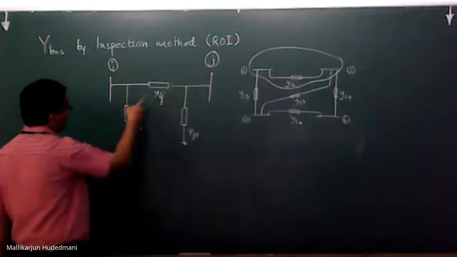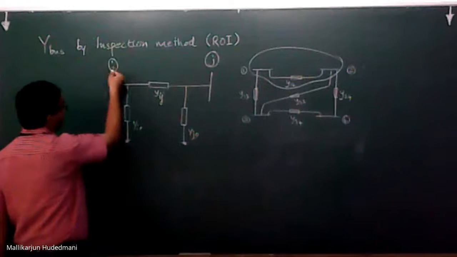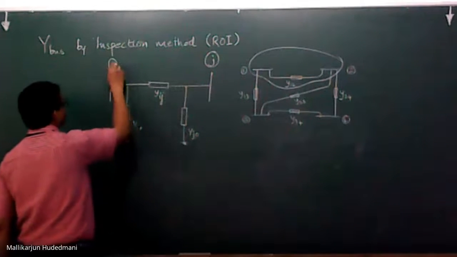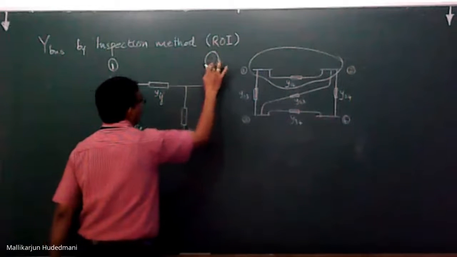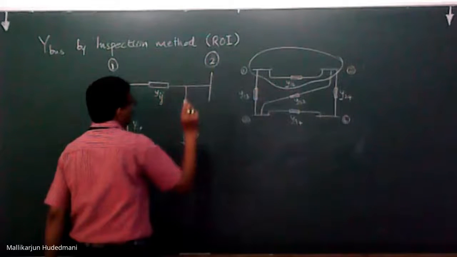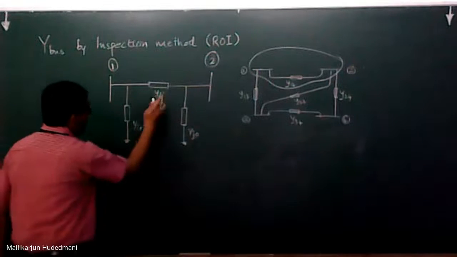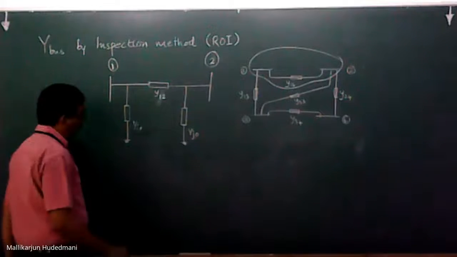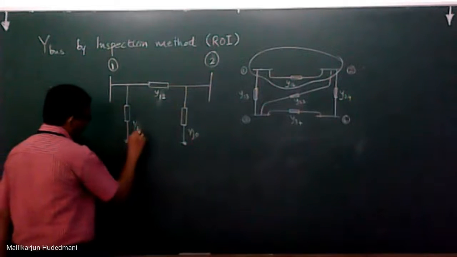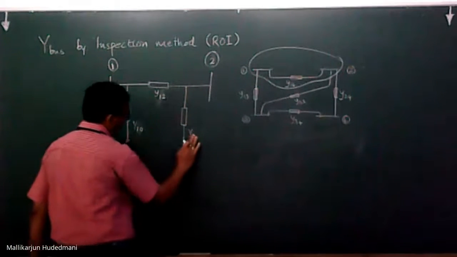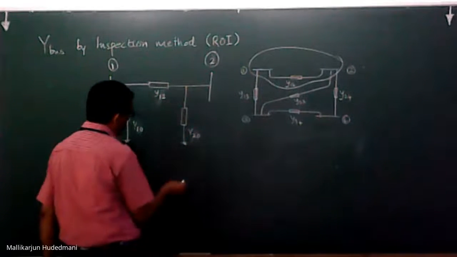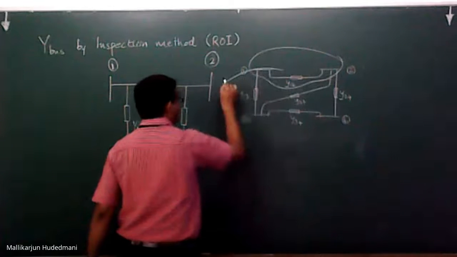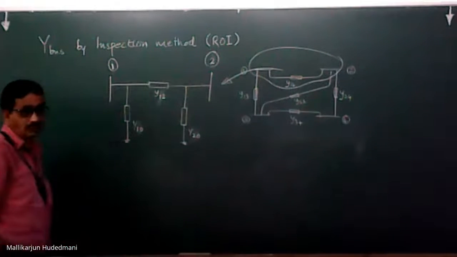If I have taken it as a pi model, let us say I equal to 1, sorry, and J equal to 2. Hope this is clear. Then Yij becomes Y12, Yi0 becomes Y10, and this becomes Y20. So I am matching that this line is represented as a pi model.